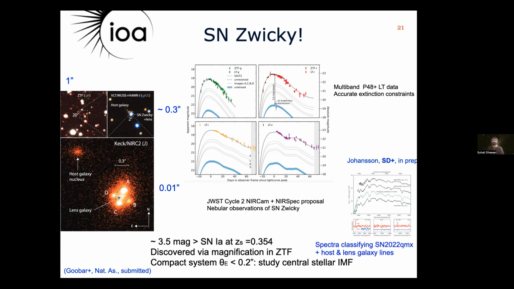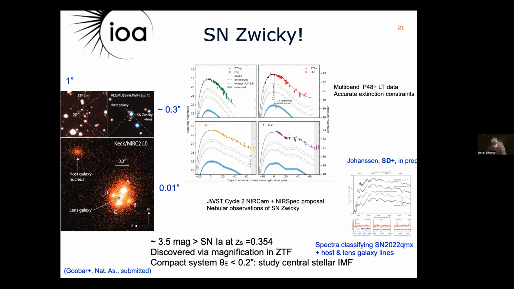This is what we would expect as the 1 sigma distribution of a Type Ia, and this is where supernova Zwicky was. In addition, as I mentioned, the spectroscopy in and of itself is very useful, because this is an extremely high signal-to-noise data set of UV to optical spectra of Type Ia supernovae at redshift 0.35.